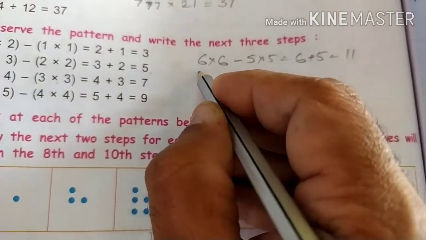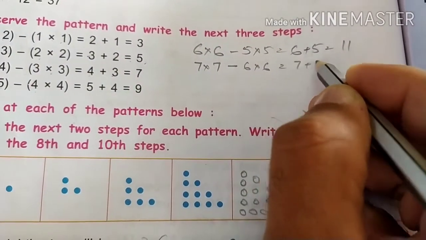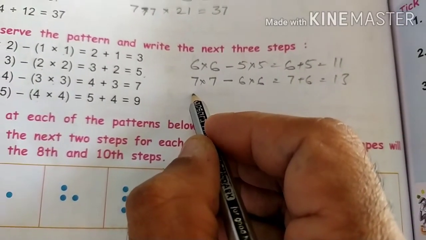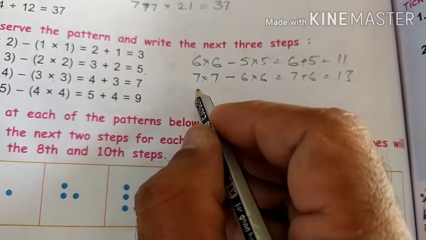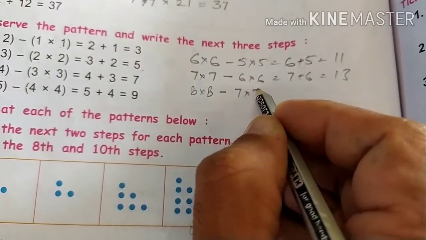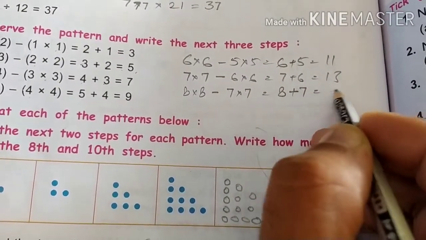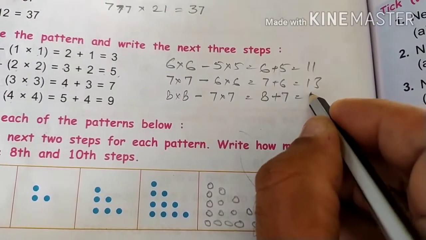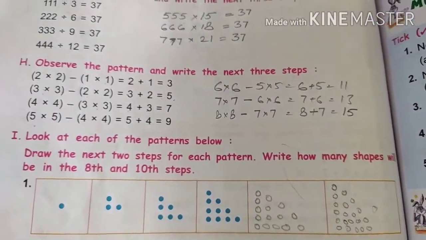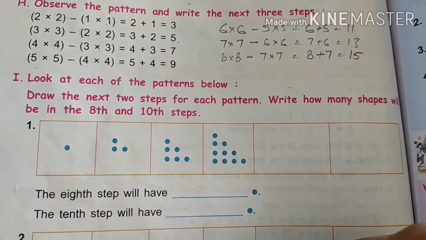So 7 into 7 minus 6 into 6, you will get 7 plus 6, that is 13. Now we have 8 and 7. So 8 into 8 minus 7 into 7, we have 8 plus 7 equals 15. Is that clear?